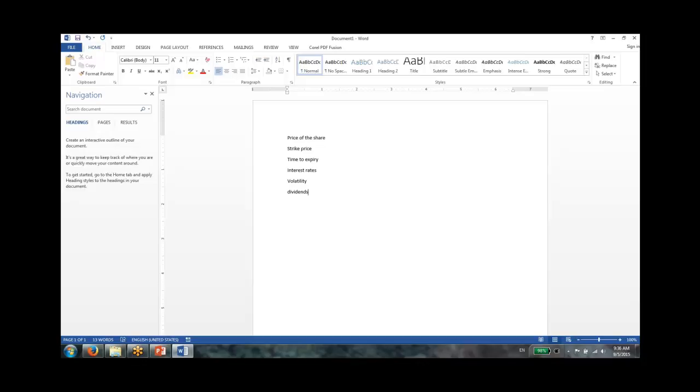What Vega and Rho try to do is look at the sensitivity of the price of the option to the volatility and to interest rates. Let's say the price of a share remains constant, the time to expiry stays as it is right now, and let's say there are no dividends. What will happen if suddenly the volatility of the underlying stock goes up?